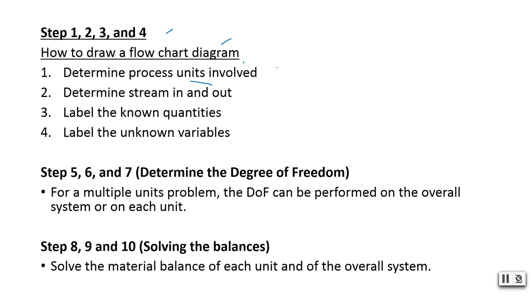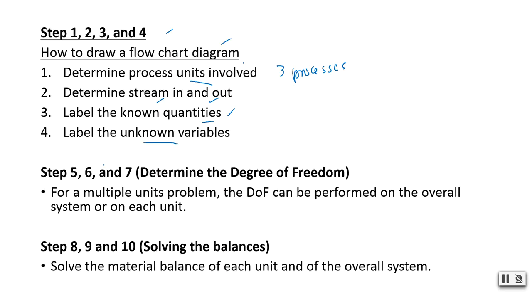So we have 3 processes. It's also very important for us to determine the streams in and out, how many go in and how many go out. Label the quantities: which fractions of the compounds we know, which flow rates we know, and which we don't know.